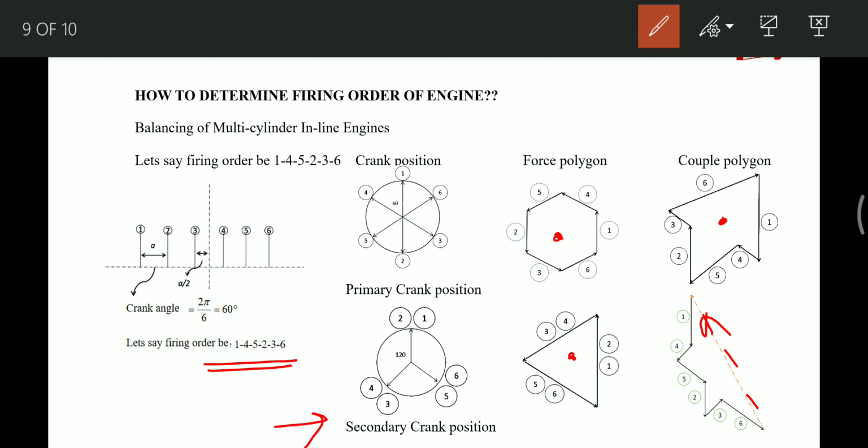So as compared to the previous system where only the force polygons were balanced, in this system the couple polygon for the primary crank position is also balanced. So if we again change the firing order and keep doing this till both the primary and secondary force polygons are balanced, and primary and secondary couple polygons are balanced, then that firing order will be taken for the system.